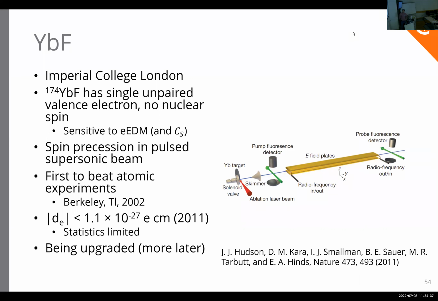One of the notable things about this experiment is that it was the first to beat the best atomic EDM experiment, which was with thallium at Berkeley, which did a measurement in 2002.